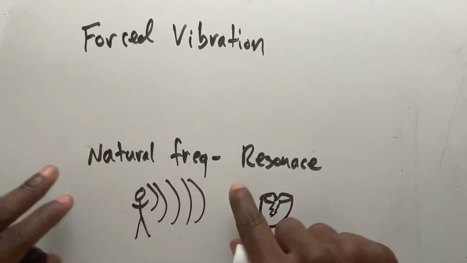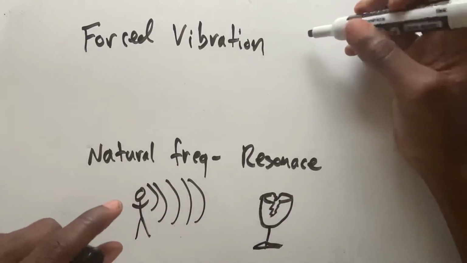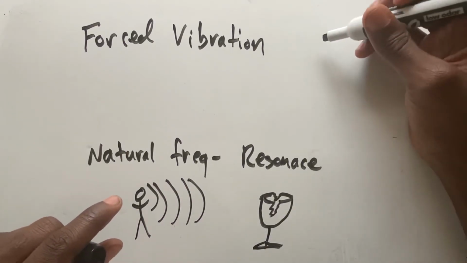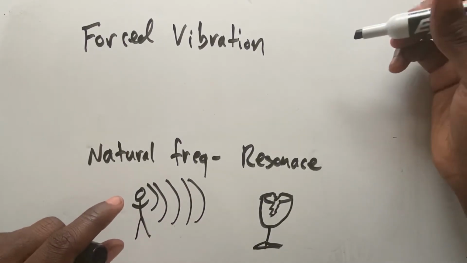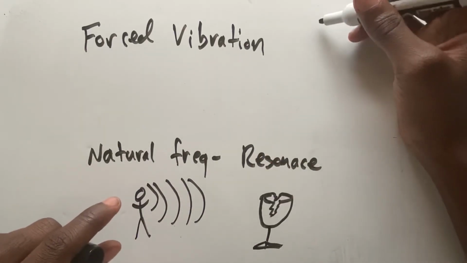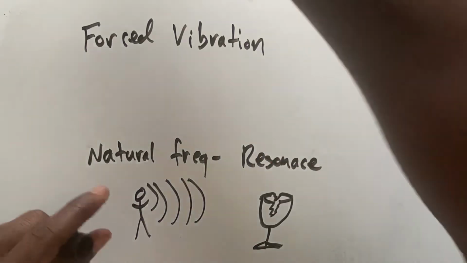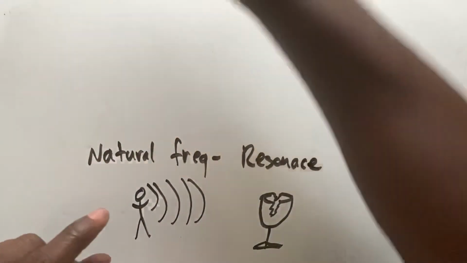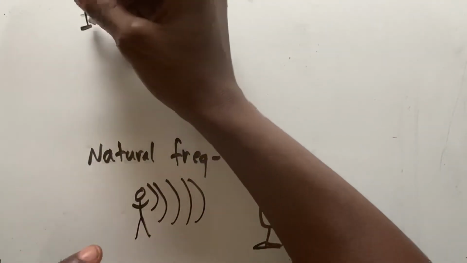So in order to explain this, it'd be a good idea to know about constructive interference and destructive interference. Actually, let me just erase this and talk about what interference is real fast.